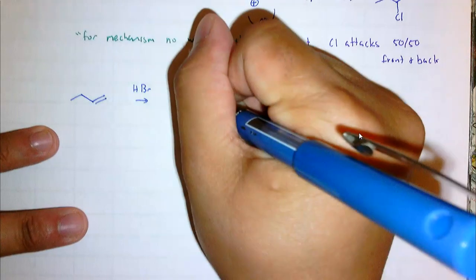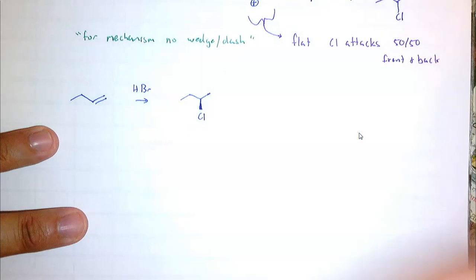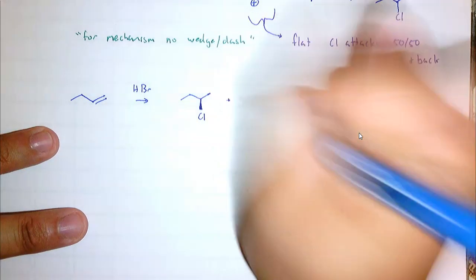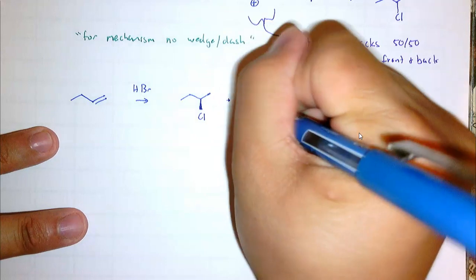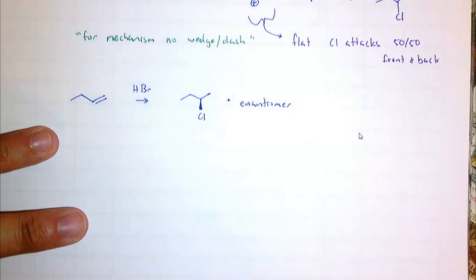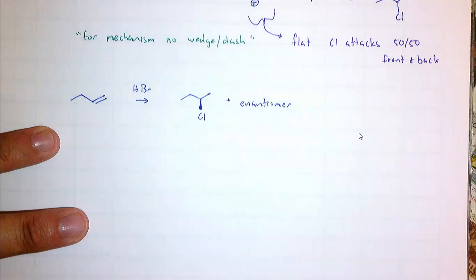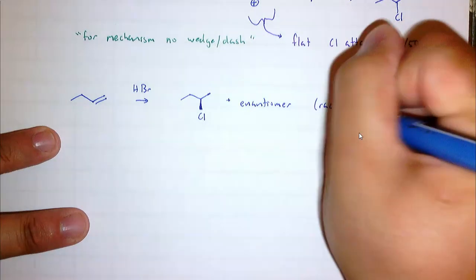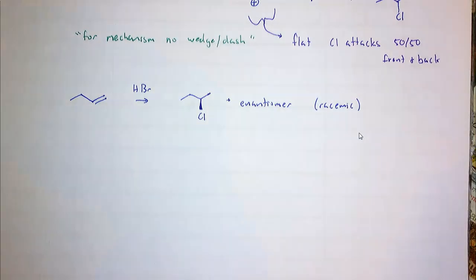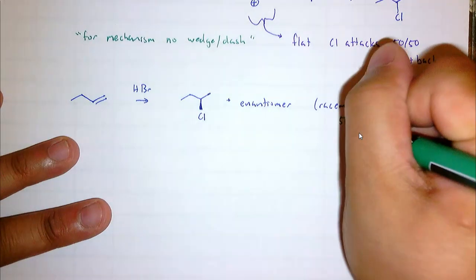If I'm asking for stereochemistry, you could put that, or I could let you go ahead and write enantiomer. You don't have to draw the dash version. I still want you to know, though, that this is racemic. Racemic, again, is a 50-50 mixture of 2 enantiomers. They have to be enantiomers. 50-50.